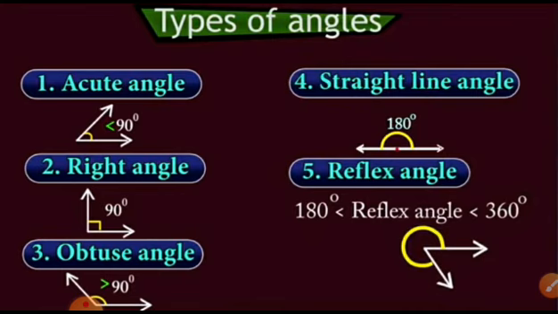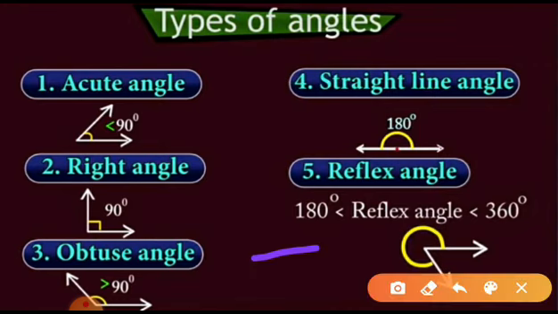Then one more angle is the complete angle. The measure of a complete angle is 360 degrees. That means if I start from here and it comes back to the same line itself, then that angle is called a 360 degree angle, a complete angle.